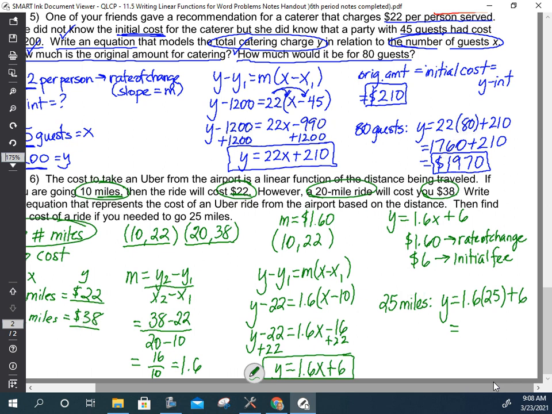And again, we let the calculator do its work. 40 plus 6, $46. So an Uber ride of 25 miles, $46. Which again, depending on where you're located, depending on where you're going, Uber rides fluctuate. So it all depends on the situation.